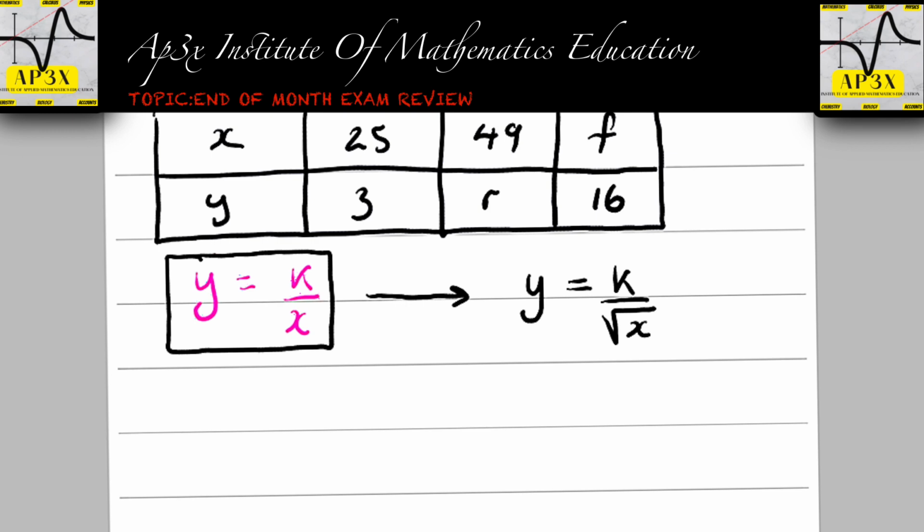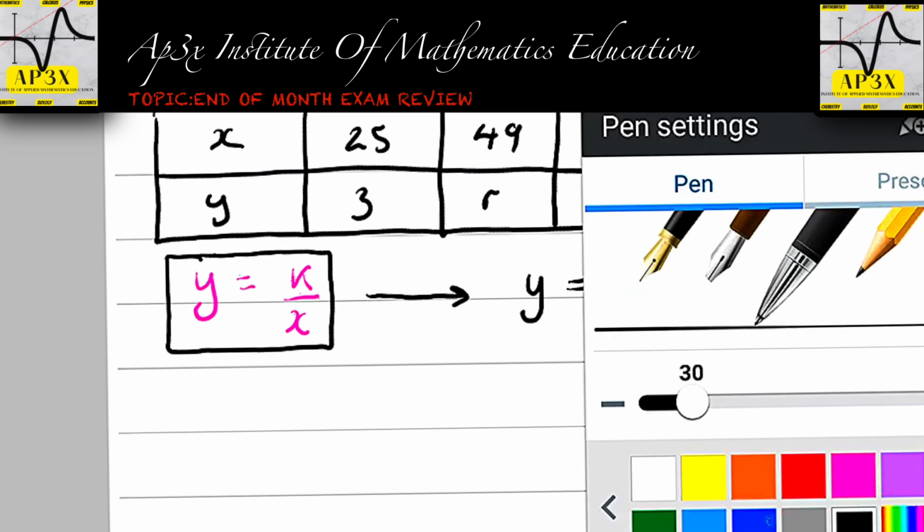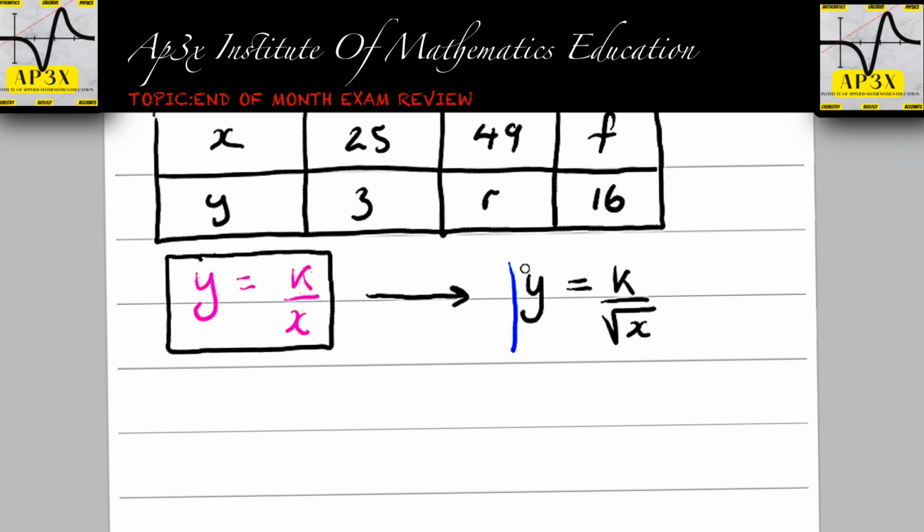Alright, so now that we end up with the correct formula here, let's put it in blue because that's the one that we really want to work with. We are given a table of values and we should find the values of r and f. We did get 1 mark for creating this formula, and of course we need to find the values of r and f.